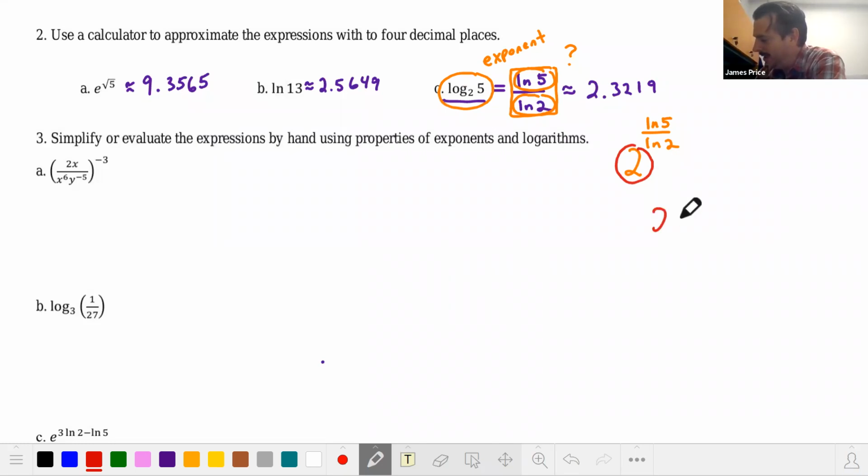Well, 2 is the same thing as e to the ln of 2, because of that identity property: e to the ln of anything is the anything. And so we can rewrite this as e to the ln of 2, raised to the ln of 5 over ln of 2. And notice what happens to the exponents here. They're going to multiply, and then they cancel.